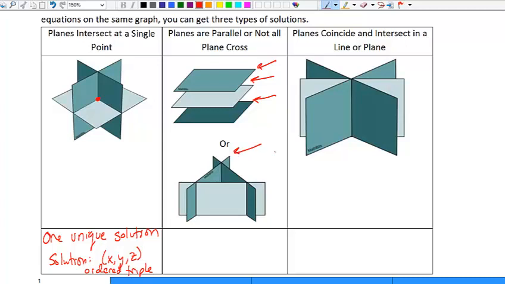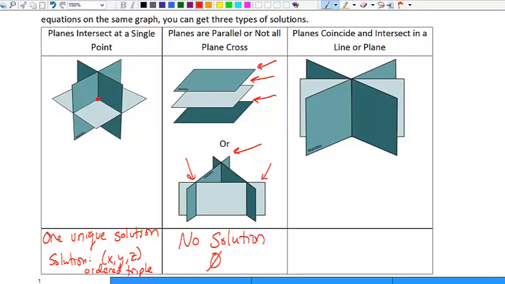Down here we have the three planes intersecting at three different places, but all three planes don't intersect at any place at all. So in this case, there is no solution for all three equations in three variables.